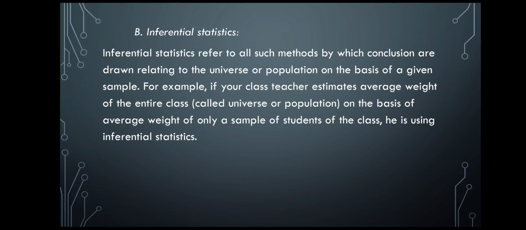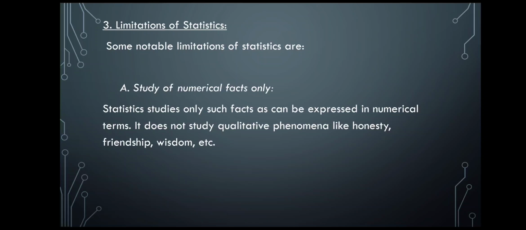For example, if a teacher wants to know the average weight of the class, he would probably choose 4 or 5 students out of the class, and he would measure the weight for those students. He will take out the average of that weight, and then he is going to generalize it for the entire group. That is known as inferential statistics.